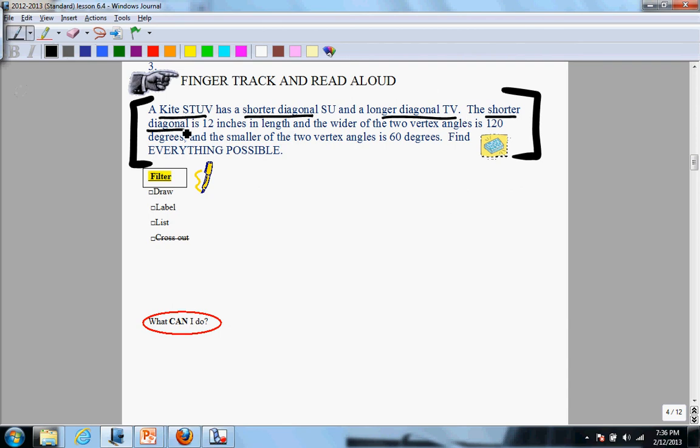The shorter diagonal is 12 inches in length, and the wider of the two vertex angles is 120, and the smaller of the two vertex angles is 60 degrees. Find everything you know. Now we're going to draw one step at a time. We have a kite, STUV, with a shorter diagonal of SU and a longer diagonal of TV.